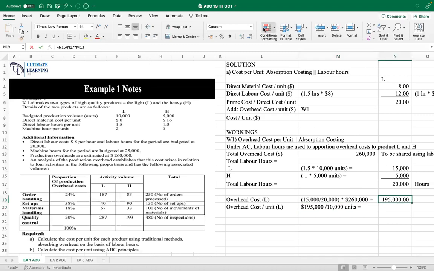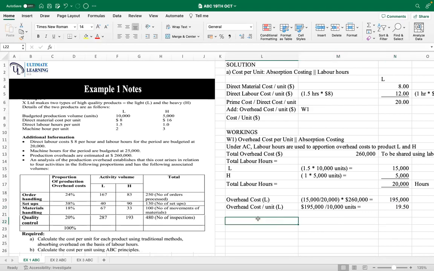So this is 195 divided by 10,000, which gives you 19.50. That is the overhead cost per unit of L.